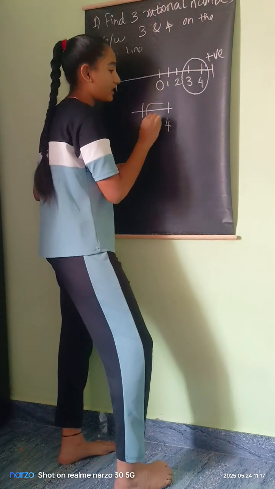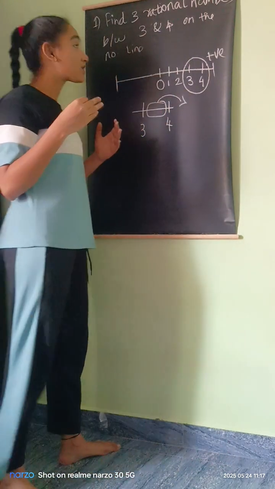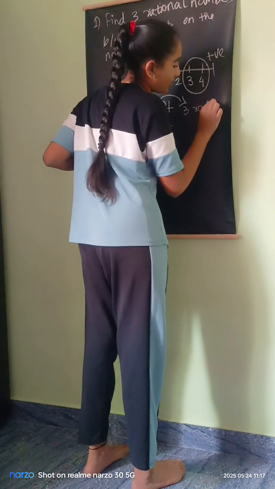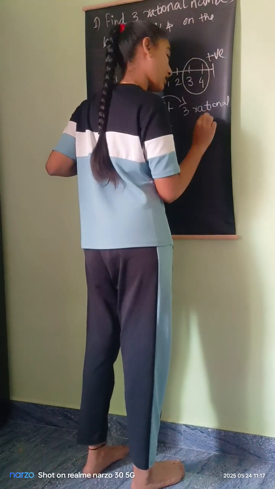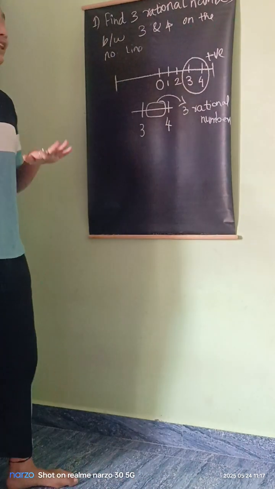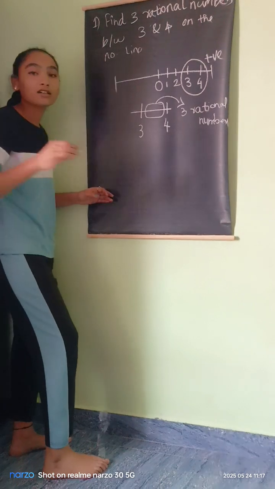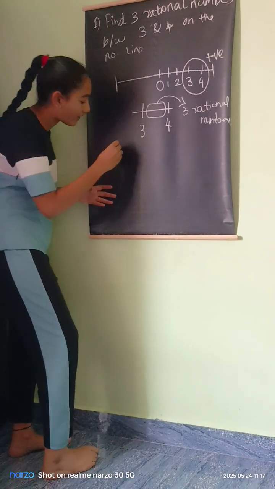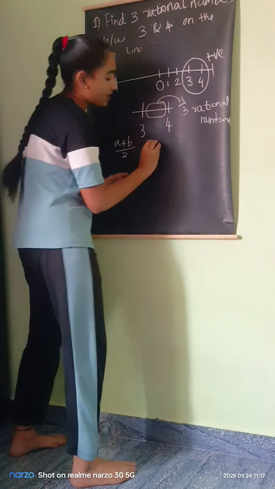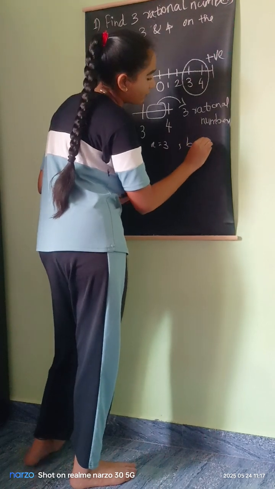Between 3 and 4, they are asking us to find any 3 rational numbers. This can be done using a simple formula, that is (a plus b) by 2. Here a is equal to 3 and b is equal to 4.